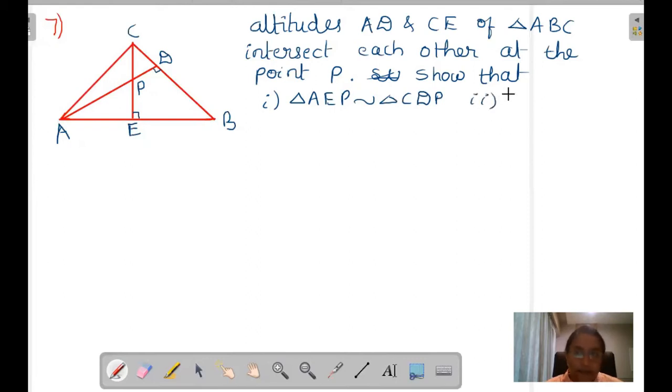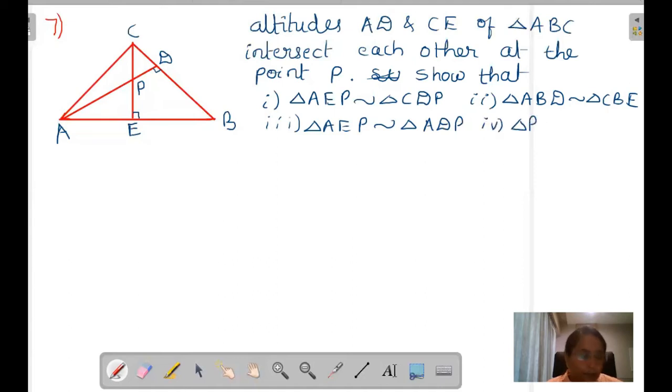Second one is triangle ABD is similar to triangle CBE. Third one is triangle AEP is similar to triangle ADB. Fourth is triangle PDC is similar to triangle BEC.